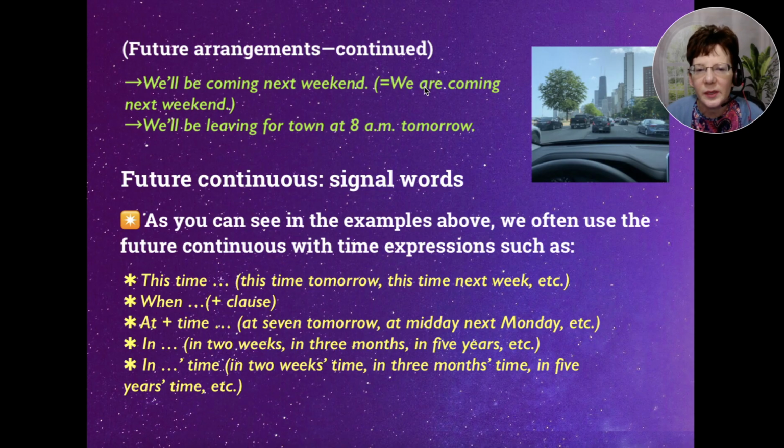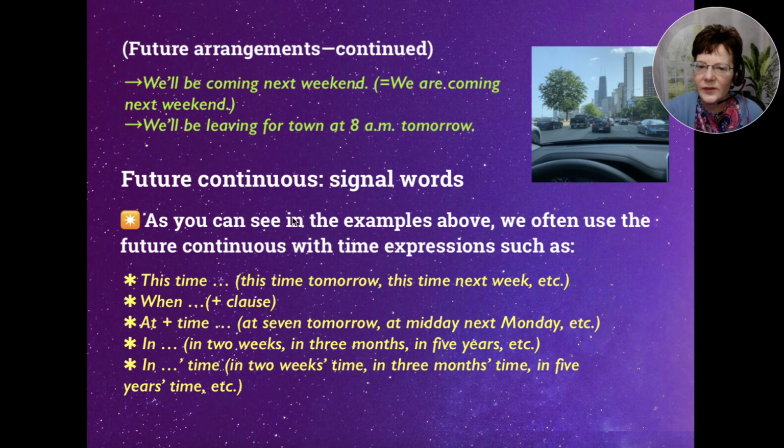So this is already planned, basically. And then we have, we will be leaving for town at 8 a.m. tomorrow. And you can also say we are leaving for town at 8 a.m. tomorrow. But it's common either way. But I think most often we would use the future continuous.